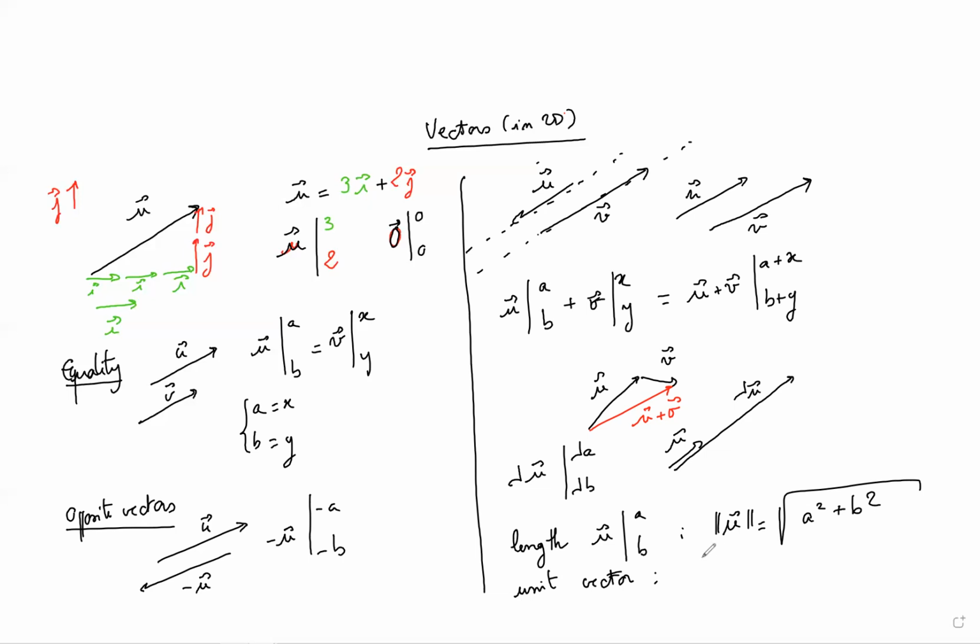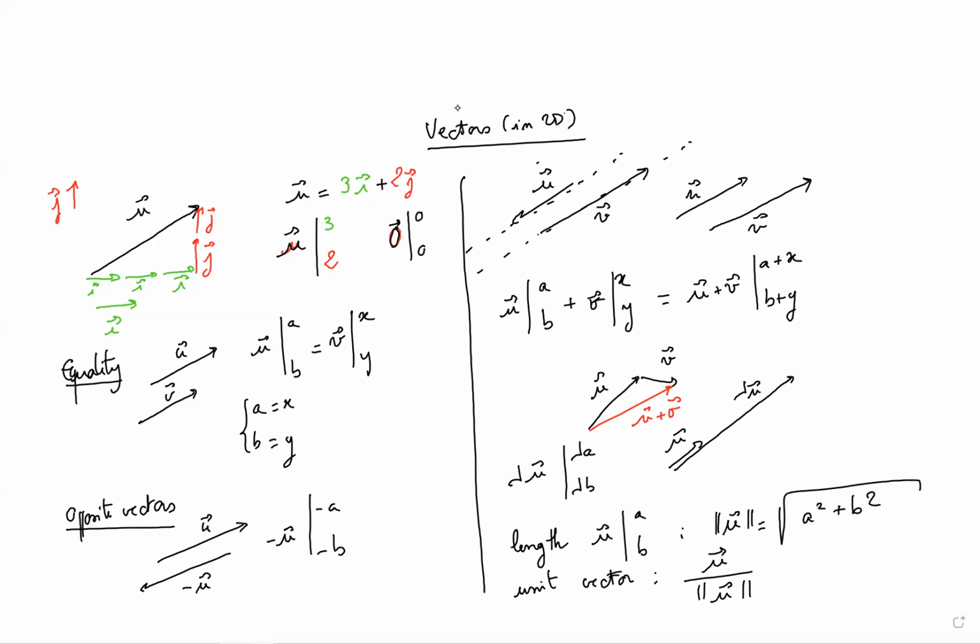Here, i and j are unit vectors. But if you want to build one and you have an ordinary vector like that, you just have to take your vector and divide it by its length. Because the total length will be length of u over length of u itself, and it will be equal to 1.